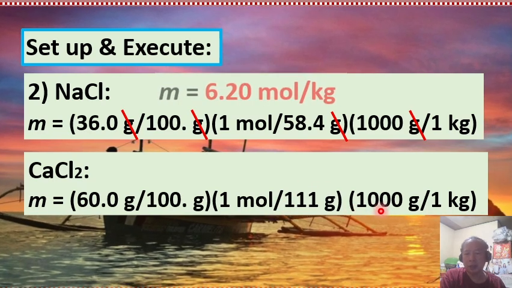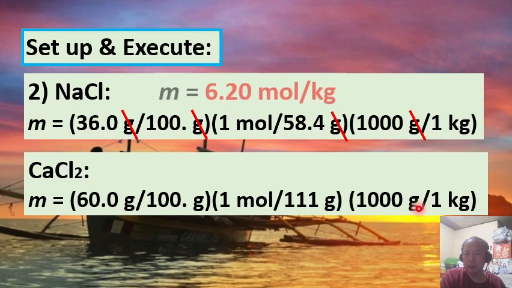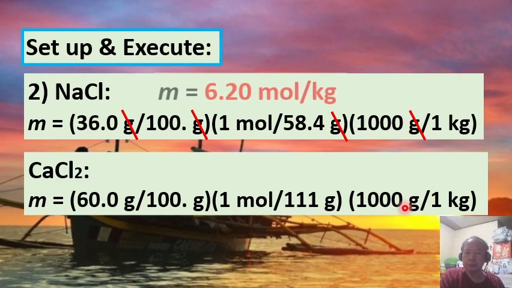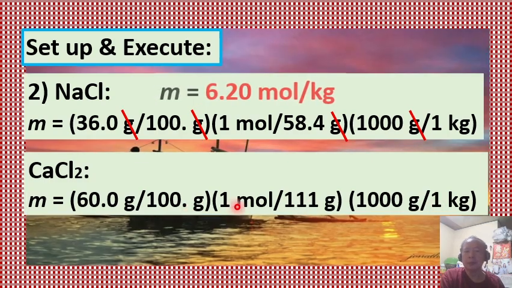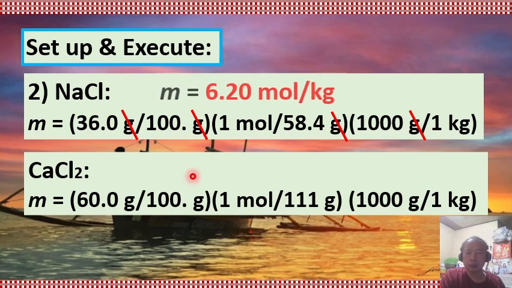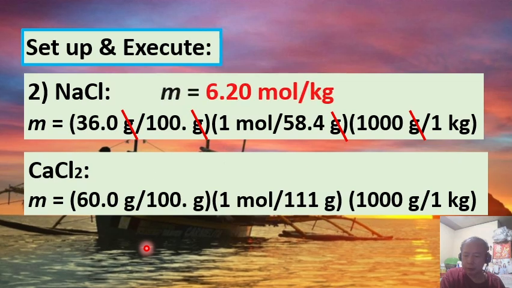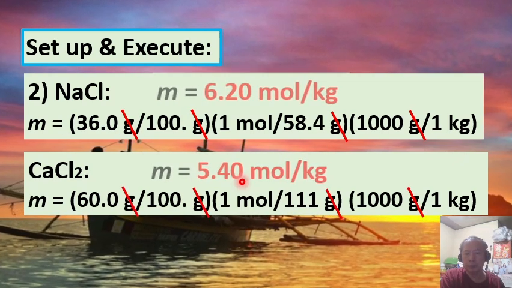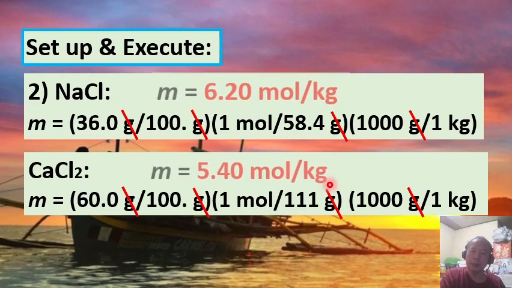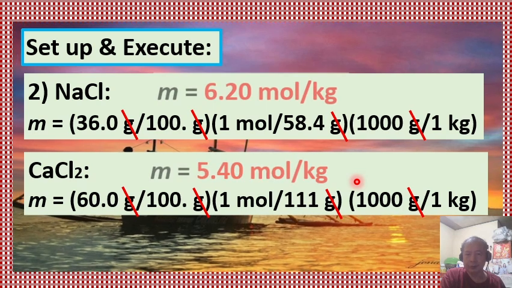And of course, the gram equivalent of 1 kilogram. So again, canceling the units will also get the molality of the calcium chloride solution equal to 5.40 moles per kilogram. Moles per kilogram here can also be called molals, right?